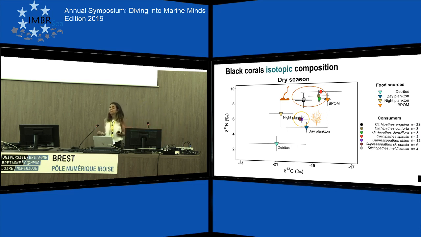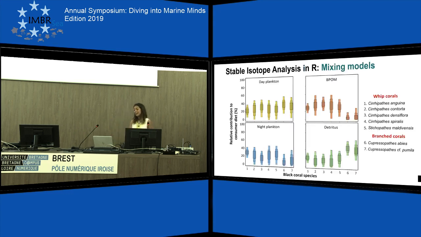Now, to estimate the relative proportion of each of the food sources to each of the black coral species, I used this data to build a mixing model, which is called Stable Isotope Analysis in R, or SIAR. And here what you can see is, for the black coral species, numbers 1 to 5 are whip corals, and 6 and 7 are the branched corals.